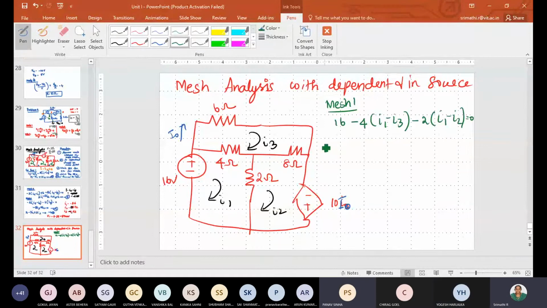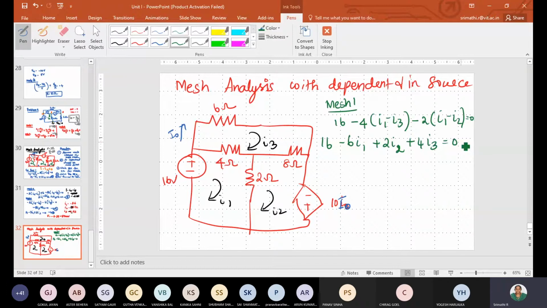Rearrange this equation: 16 minus 6I1 plus 2I2 plus 4I3 is equal to 0. Okay, this is equation number 1.